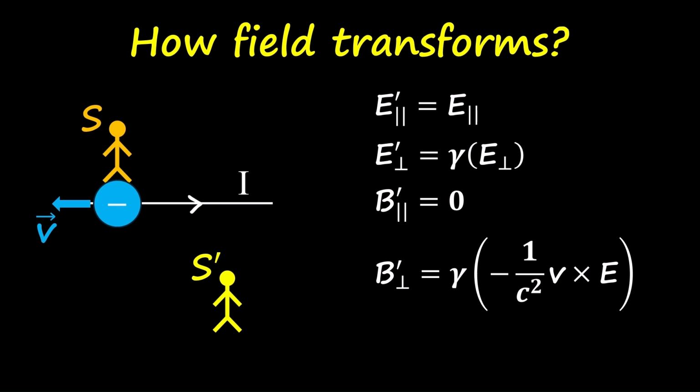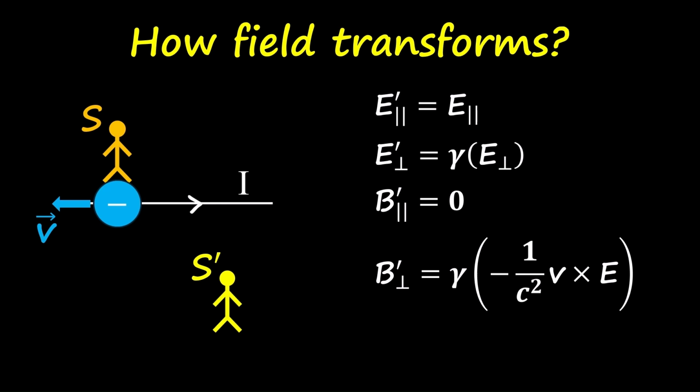Now if you combine all four formulas, you can say that S prime is observing a non-zero electric field, but it is different from the one observed by the S frame of reference, and the magnetic field is non-zero according to S prime.